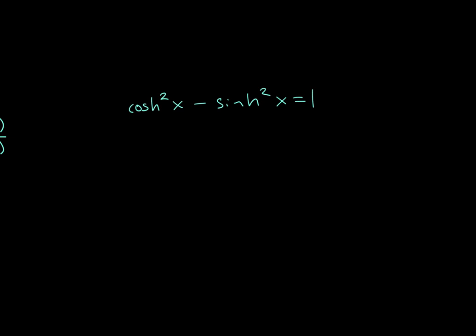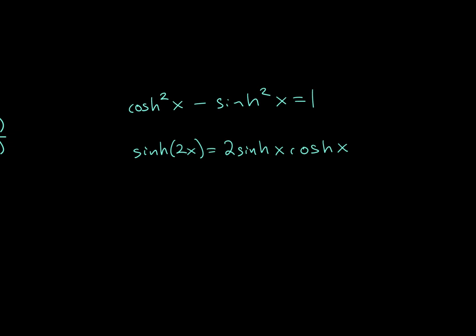There are double angle identities that you can easily show. For instance, sinh of 2x is equal to 2 times sinh of x cosh of x, just like the trigonometric counterpart. There are plenty of other things.